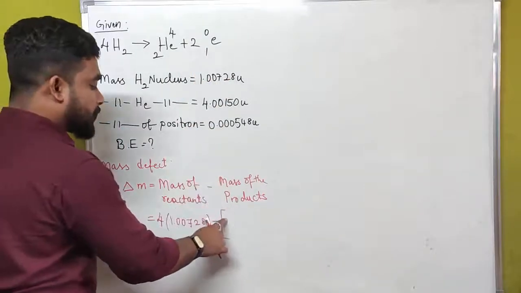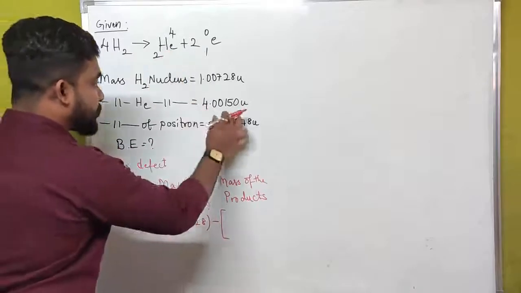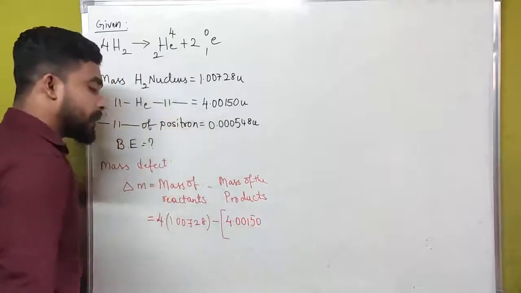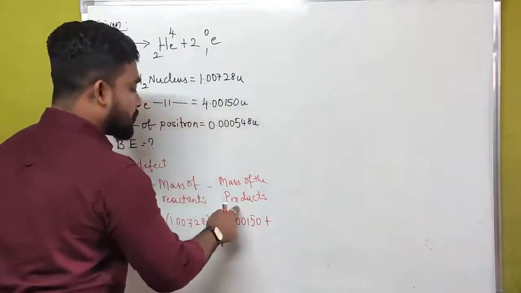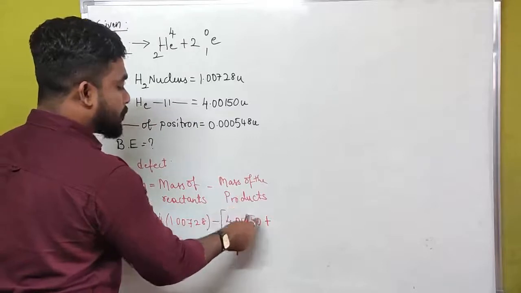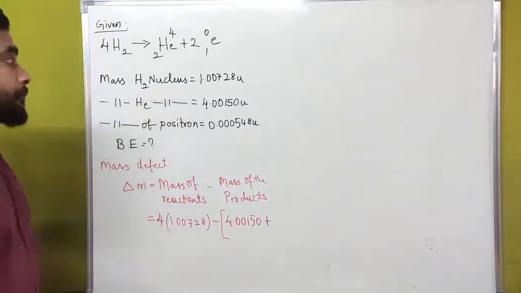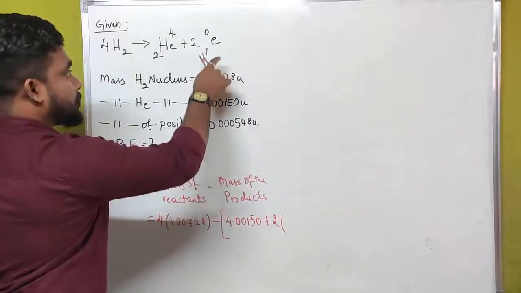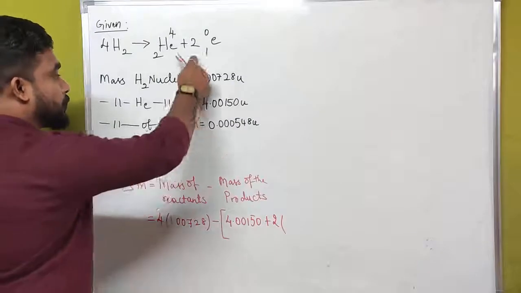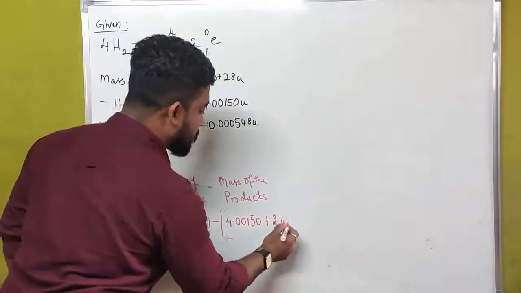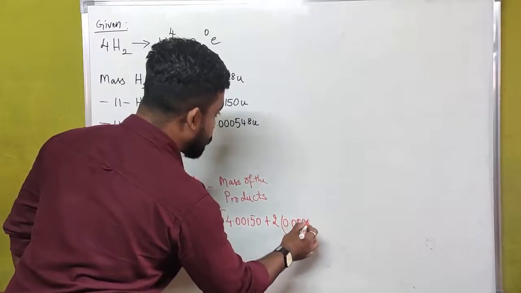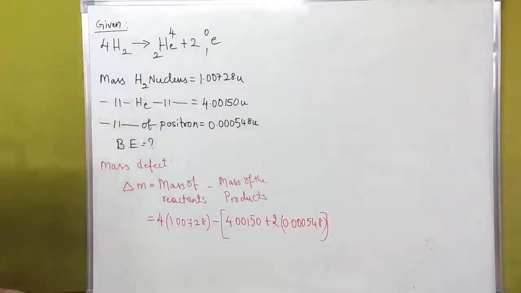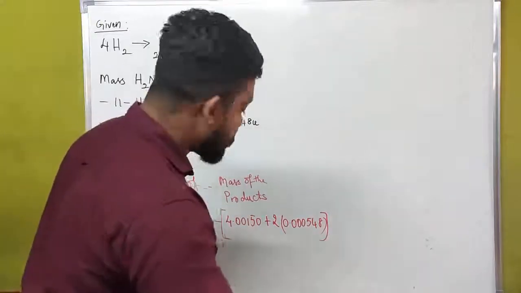The mass of the helium is equal to 4.00150 units plus, here we have to add within the brackets, 2 into the mass of a positron, which is 0.000548 units. Actually, this is how we have to calculate the value of mass defect.